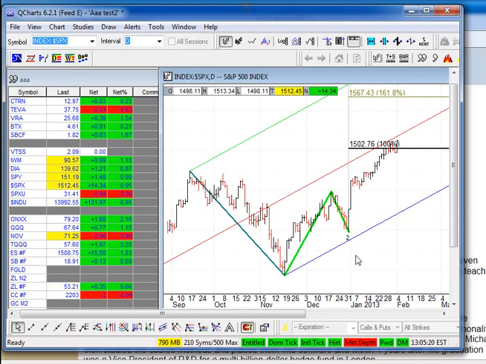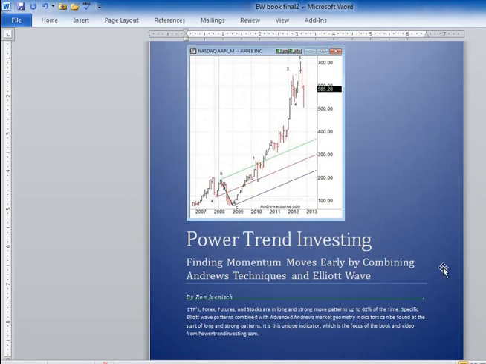Now, Elliott wave says that markets generally go through 5 or more waves, so the theory is that you have 1, 2, 3, 4, 5 waves or more in a thrust direction, and you have 3 or more waves that are counter trend in the counter trend correction, when the market is just kind of messing around, going sideways, or going back a little bit. And the name of the game in order to do power trend investing is to find pivot number 2.